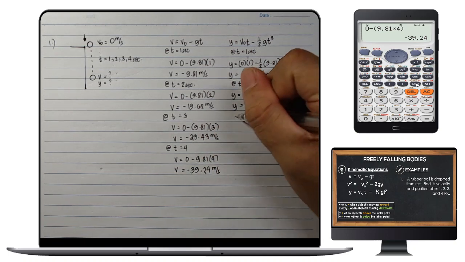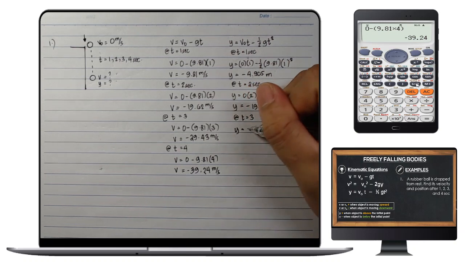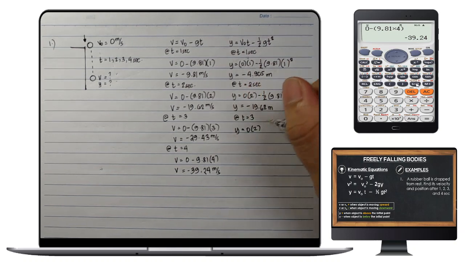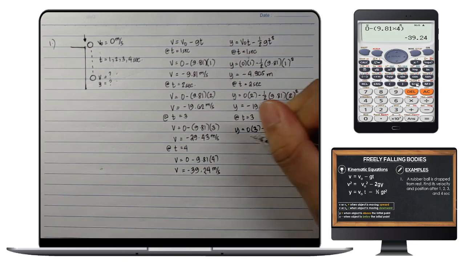So dito naman at t is equal to 3, we have y is equal to 0 times 3 minus 1 half g, 9.81 times 3 t square.